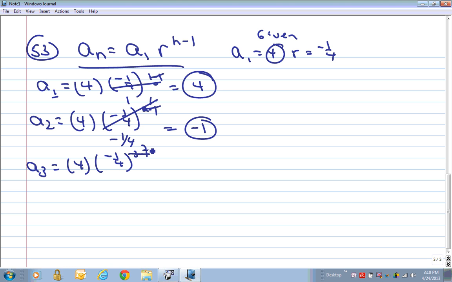Now be really careful. When you square a negative number, it's going to become a positive. This would become positive 1/16. Times 4 would give me a positive 1/4. Yes, I do think we have developed an alternating sign pattern. This would continue. When you continue, I believe that you're going to get negative 1/16 and positive 1/64. All right, let's move on to problem 54.